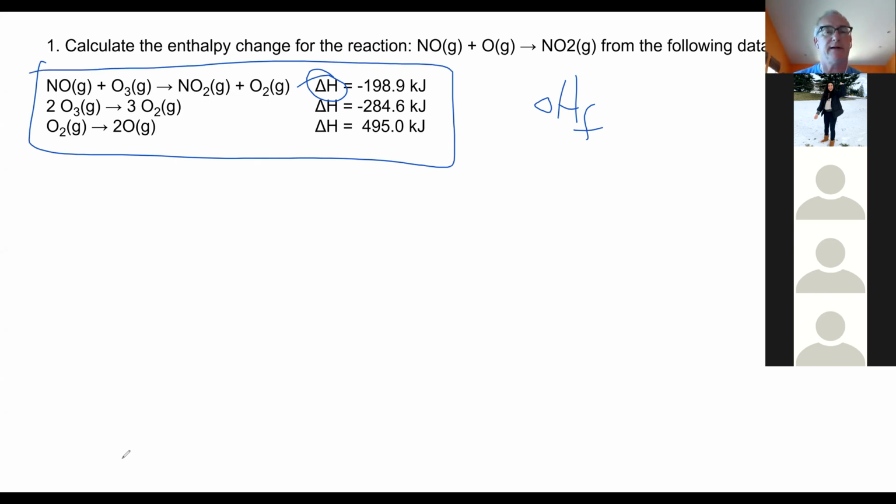So the first part is looking for our reactants. And our first one is nitric oxide. So where are we going to find NO? We're looking for NO as a reactant. Nitrogen monoxide.